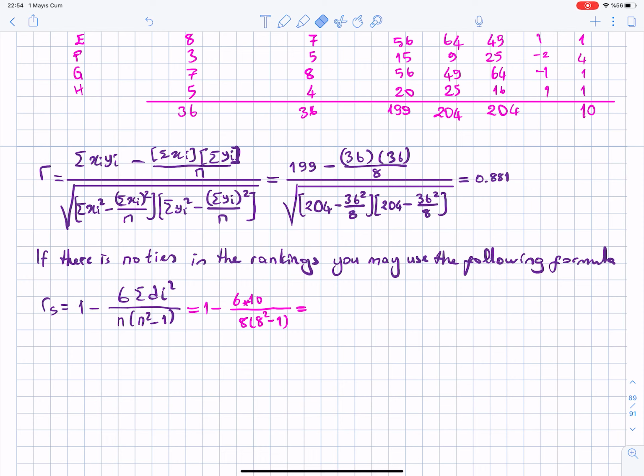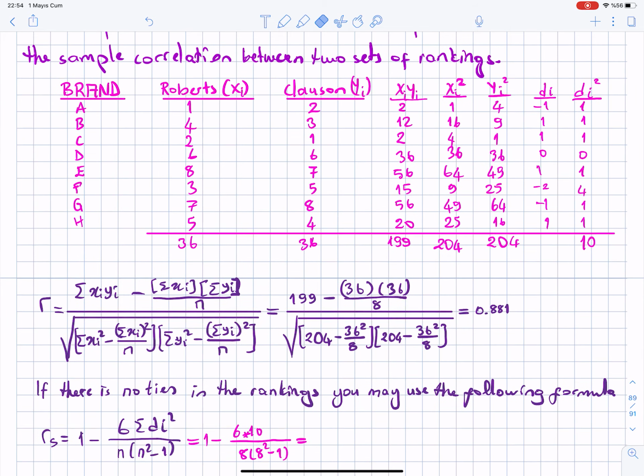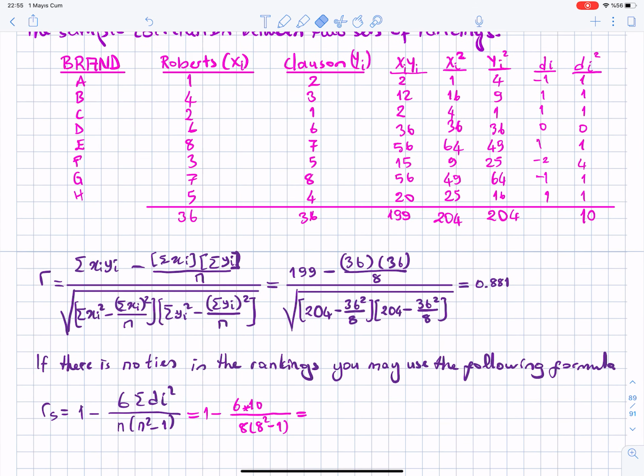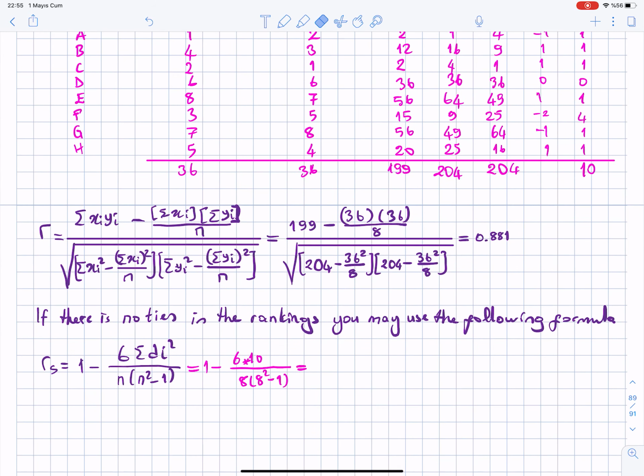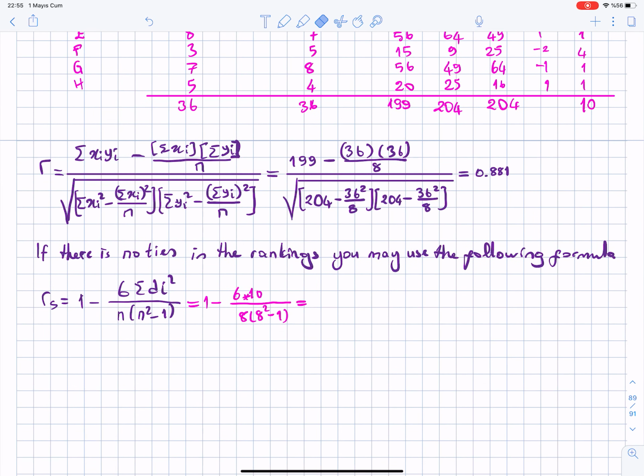I made a mistake here: the 10 is not squared, since di is the difference and the sum of di squared is already 10. So it is 6 times 10, which is 60, divided by 63 times 64. Exactly, I'm getting the same result, 0.881.